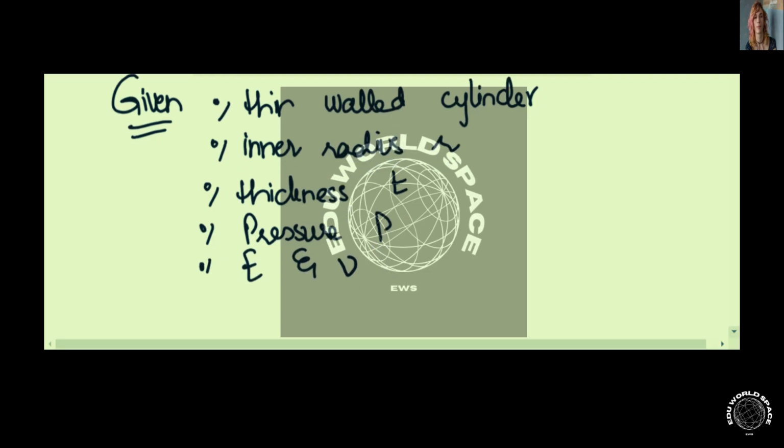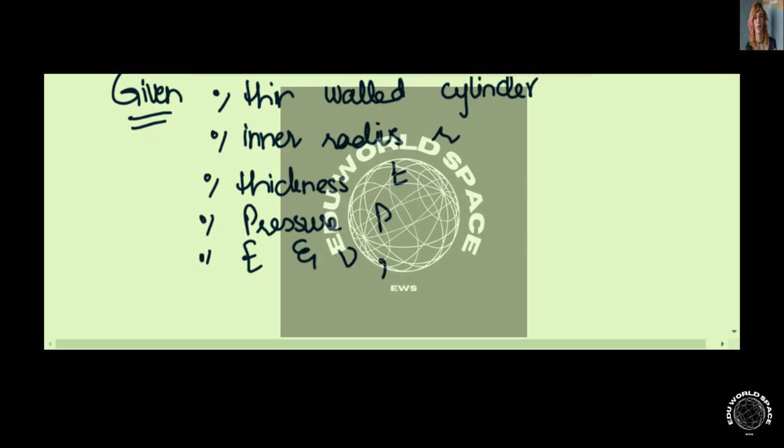We are required to determine the strains in the cylinder, right? The strains in the circumferential and longitudinal directions. That is sigma sub 1, sorry, not sigma, it's epsilon, right? So it's epsilon sub 1 and epsilon sub 2, right?